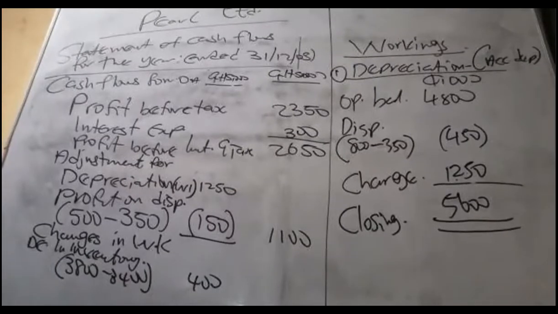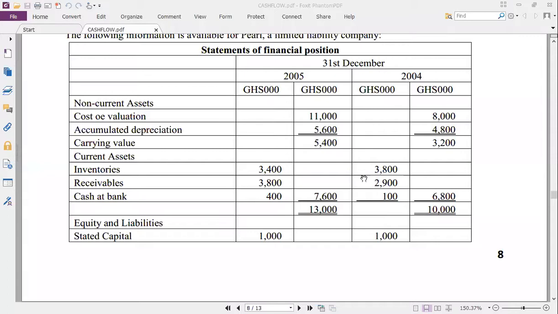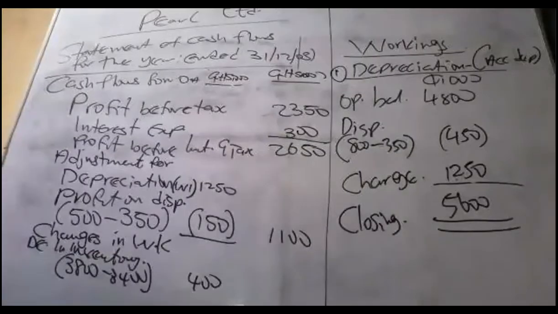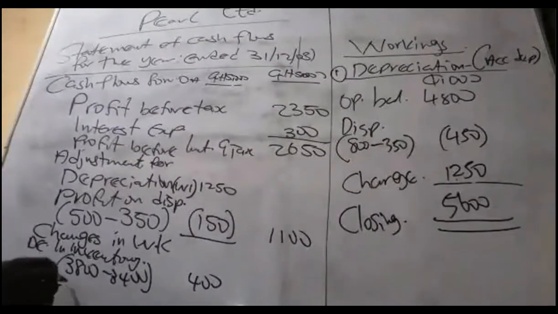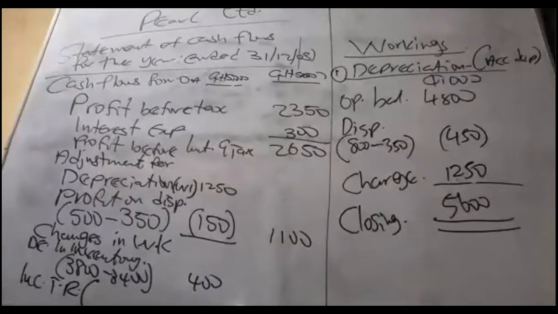Then you go to receivable, trade receivable. So it has increased from 2,900 to 3,800. That's increased by 900. So tell the examiner increase in trade receivable. Open a bracket nicely.